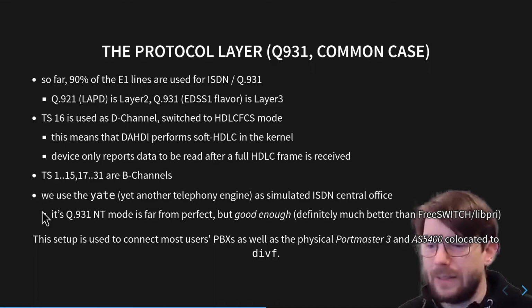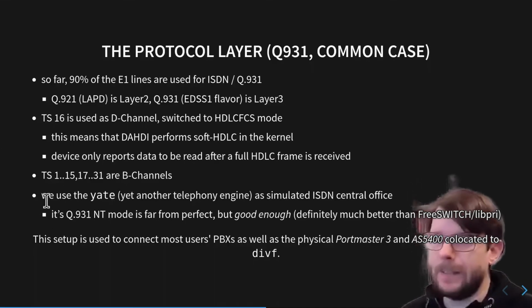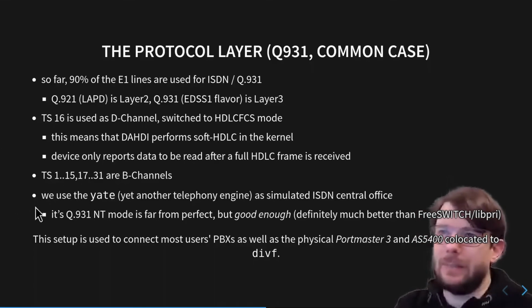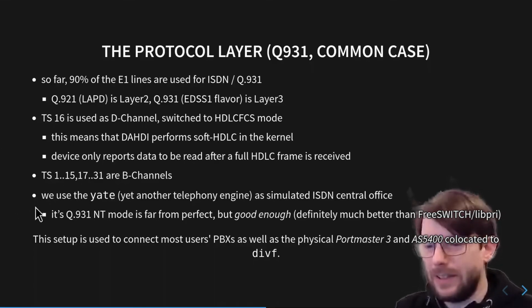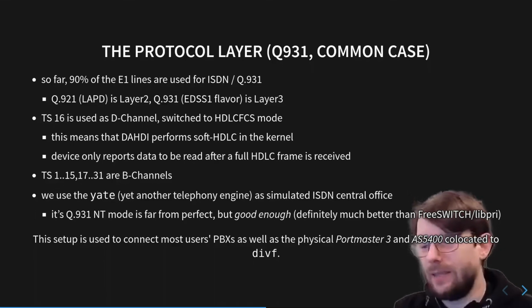So Yate, as I mentioned already many times, is used here. I used it after playing a bit with other soft switches and their ISDN support. And its implementation is far from perfect, but good enough for most of the use cases so far.